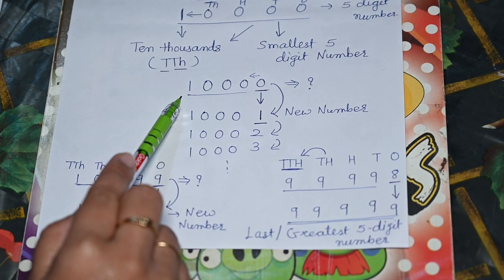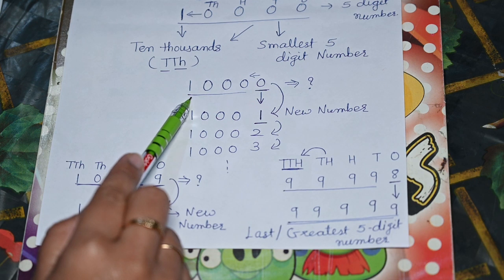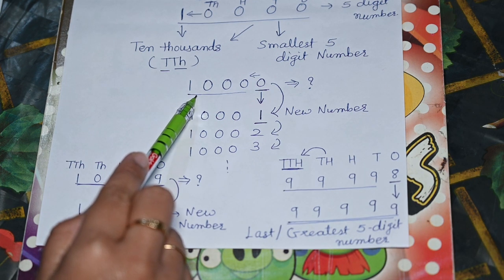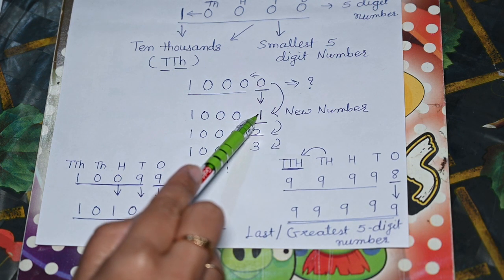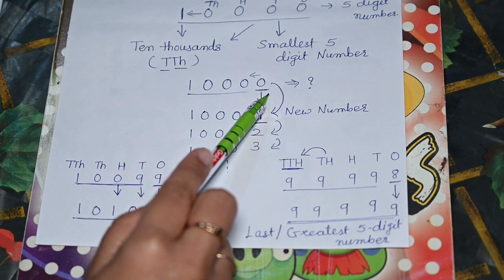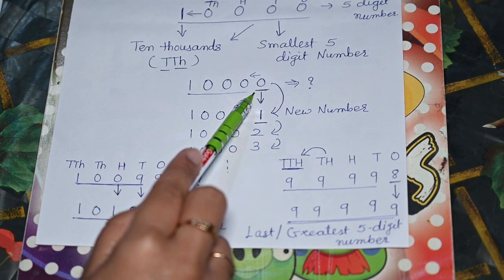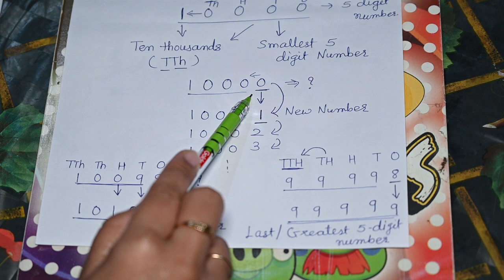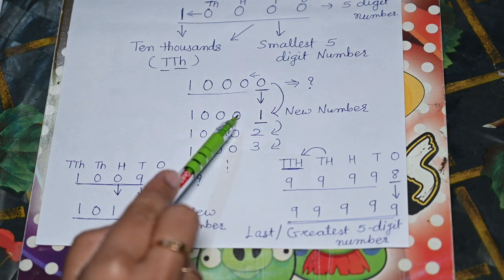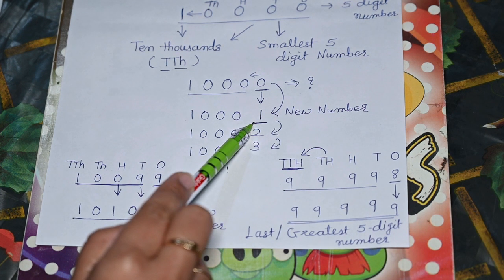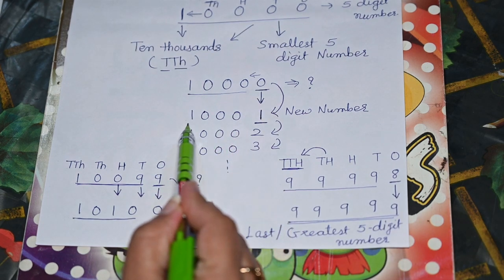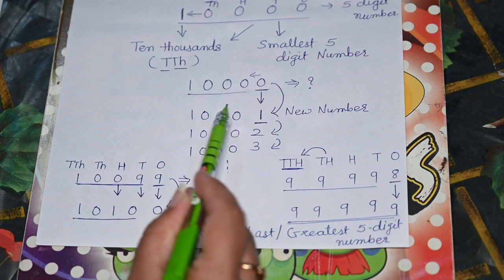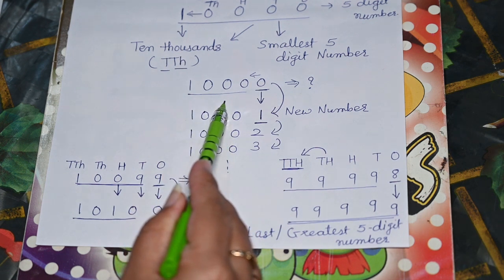Now, what is the next number after this number? We know that 0 in the ones place is changed into 1. Why? We know that we keep on increasing by 1 in the ones place digit. So the next number will have 1 in the ones place and all the digits to the left remain the same.